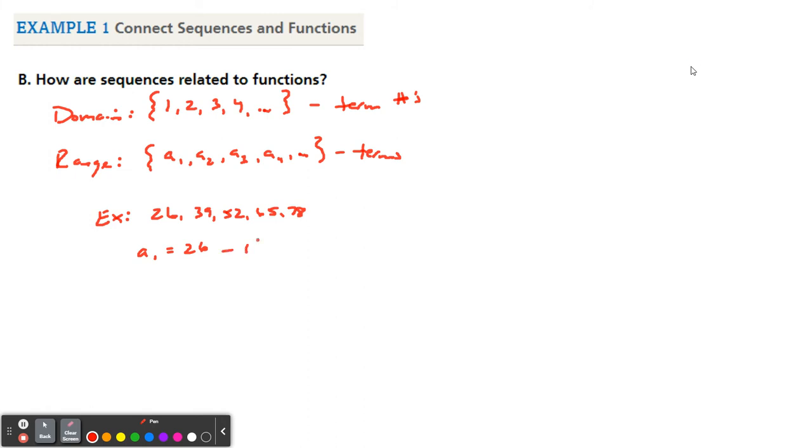That's the first term. A sub 2, the second term, would be 39. That's the second term. And then you can go on forever. So the nth term, A sub n, is some number. This would be called the nth term.